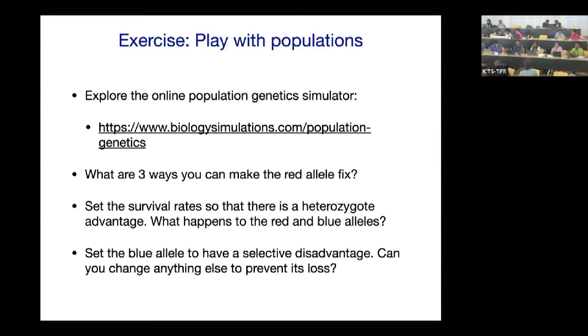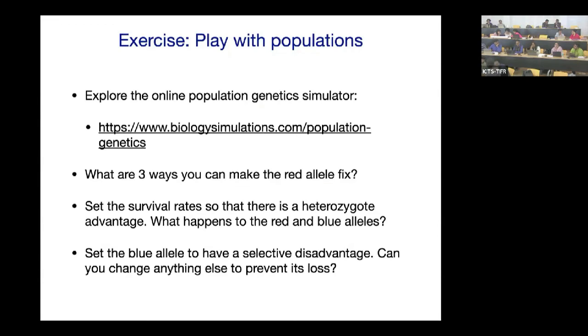Increase population size. Decrease generation is a little bit cheating, but anyway, yeah, sure. I mean, if you just do it for 2 generations, it may not be lost yet, but yeah. Okay. But if you increase population size and blue has a disadvantage, it will be lost, right? That's not going to help. You cheating?